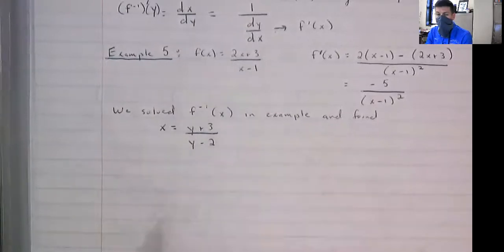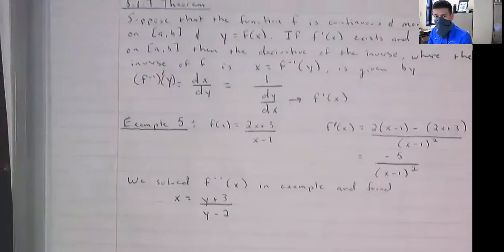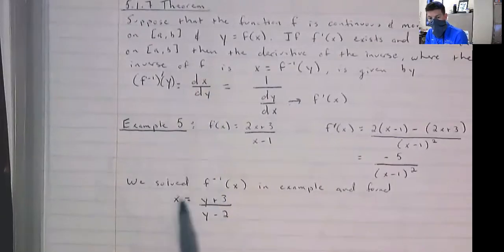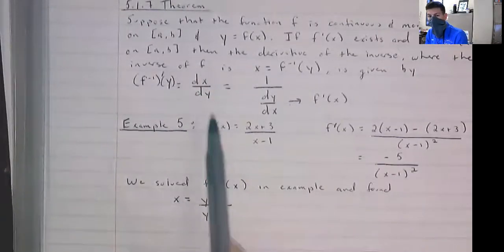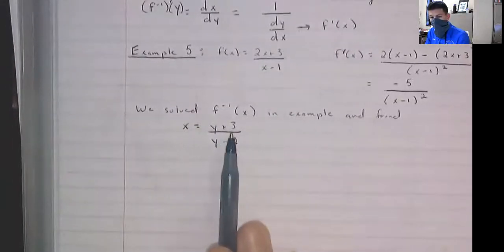It undoes those operations. This is what we're going to calculate the derivative of, because our theorem says we want the derivative of x, this guy, with respect to y. Well, that's something we can do. We can calculate the derivative of this right side.